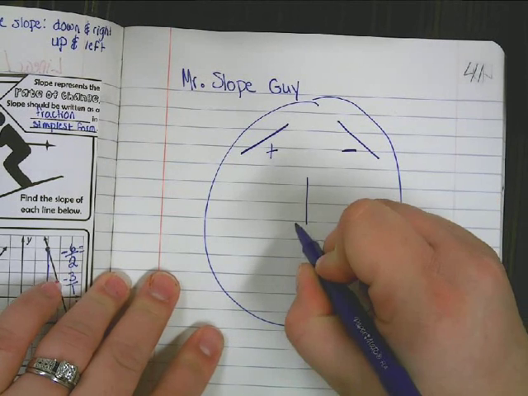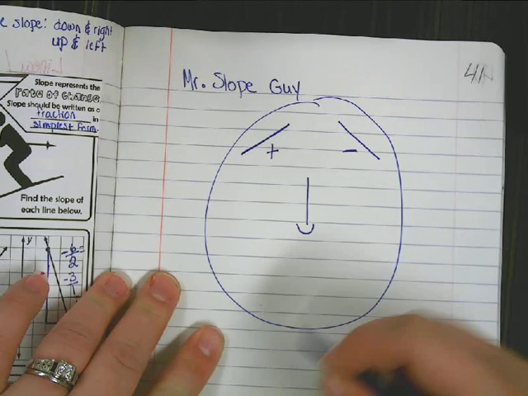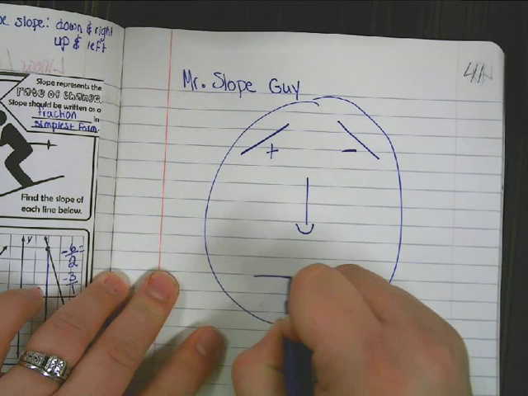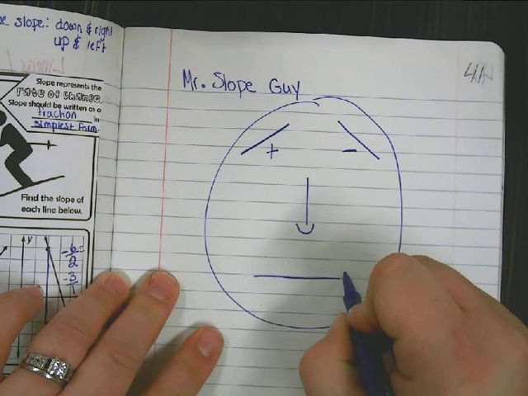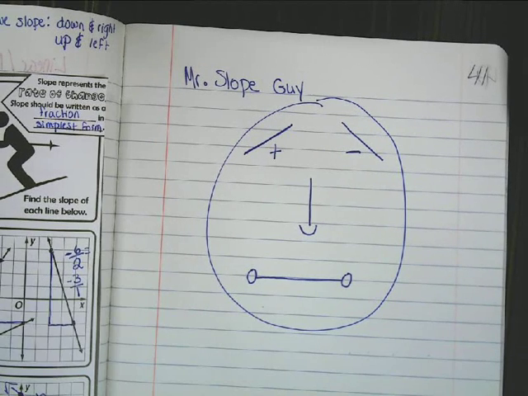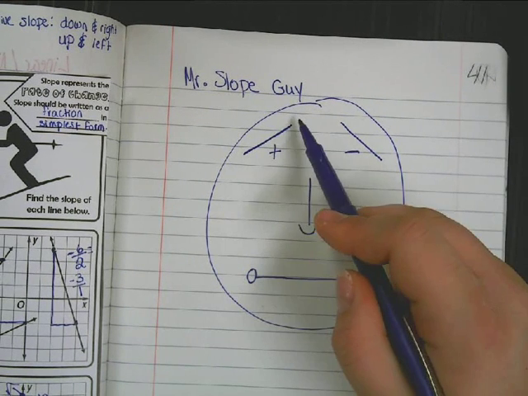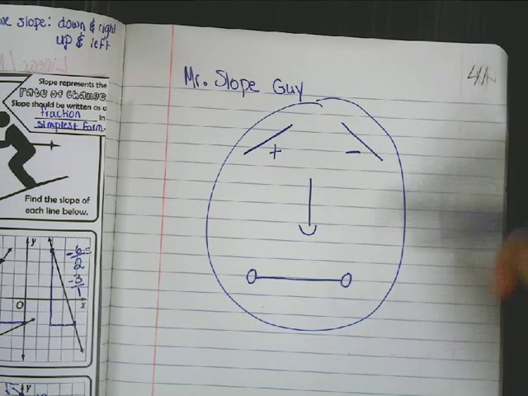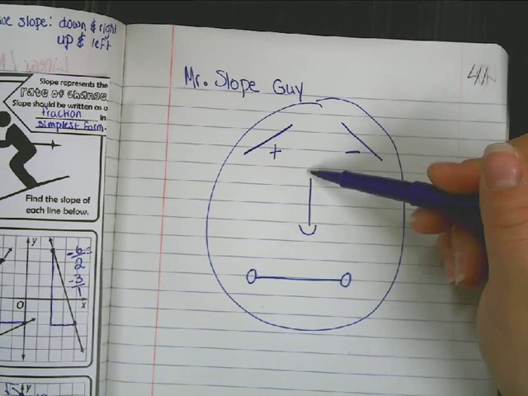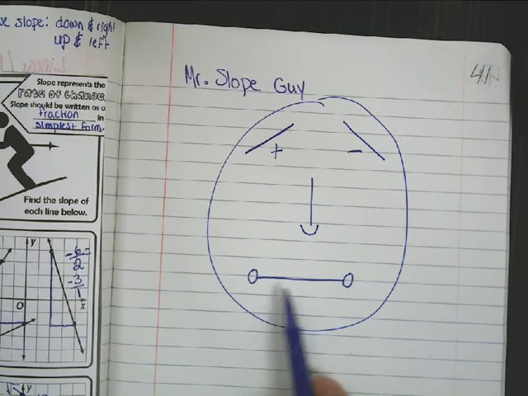And if we have a horizontal line, our slope is 0. So positive line is going up, negative line's going down. A vertical line has an undefined slope. A horizontal line has a 0 slope. That makes sense, everybody, how I got those? Yeah.